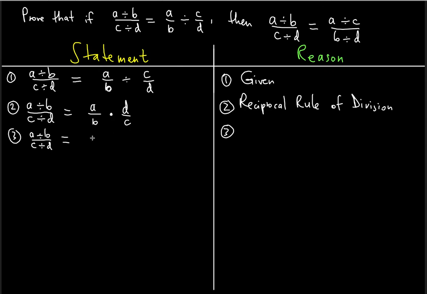So as a result, we should get something like this, AD divided by BC. And the reason for that is the fraction multiplication rule.